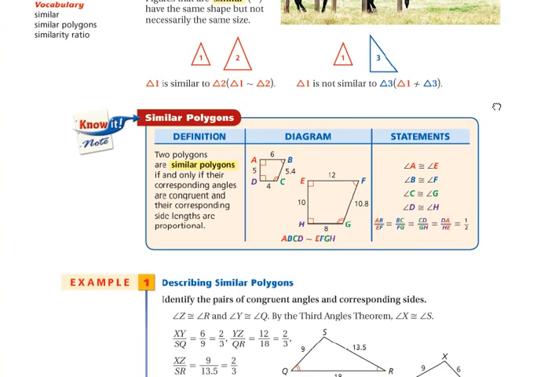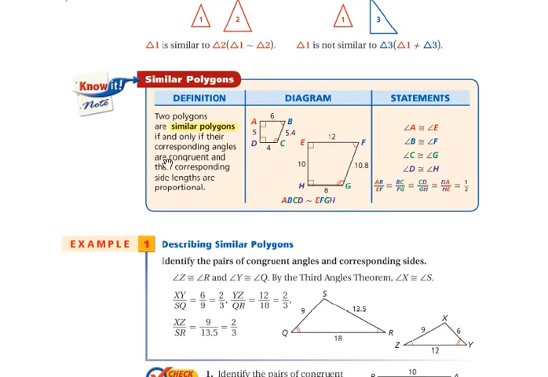So when we talk about similar polygons, it says two polygons are similar polygons if and only if their corresponding angles are congruent and their corresponding side lengths are proportional. So really what that means when we talk about corresponding angles is, if you line up the polygons in the same order as far as how they look, then your corresponding angles, for example here, would be angle A and angle E. Those would be corresponding angles that need to be congruent.